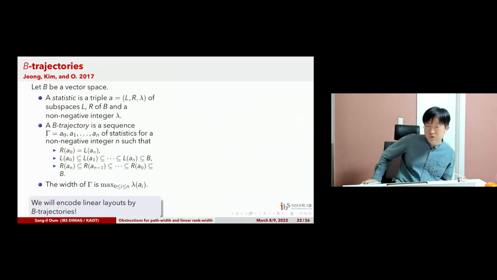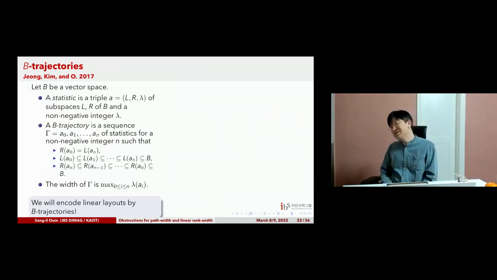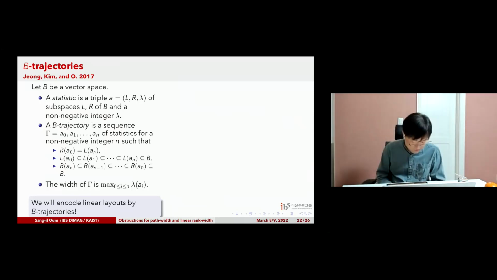Then how do we encode all the possible information into a finite structure? That's where we use the idea of bit trajectories. The idea is actually from Bodlaender and Kloks' paper for tree width and path width of graphs.